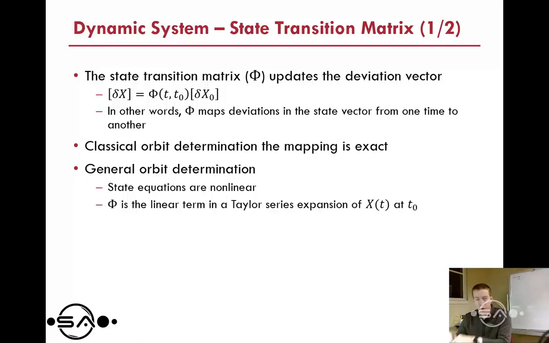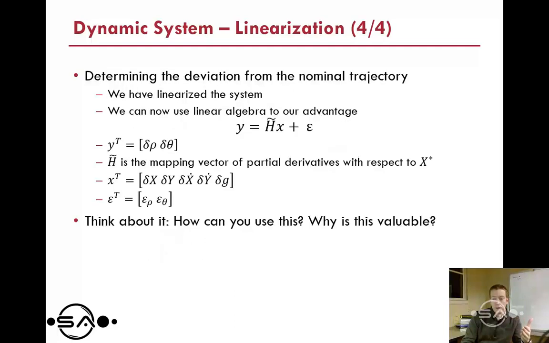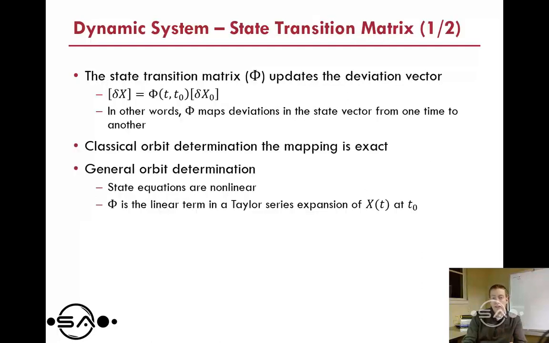But for general or modern orbit determination, our state equations are going to be non-linear, and the state transition matrix is the linear term in that Taylor series expansion that we just saw, where we linearize the system using that linear algebra, and that's our linear term of the state vector at the initial time.